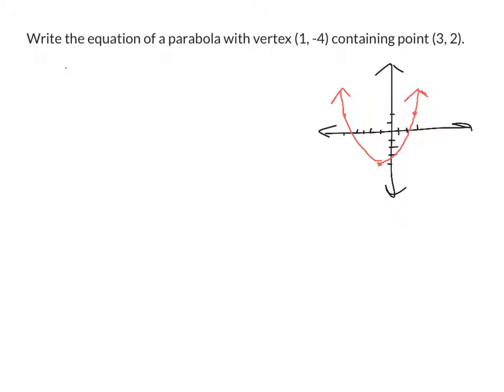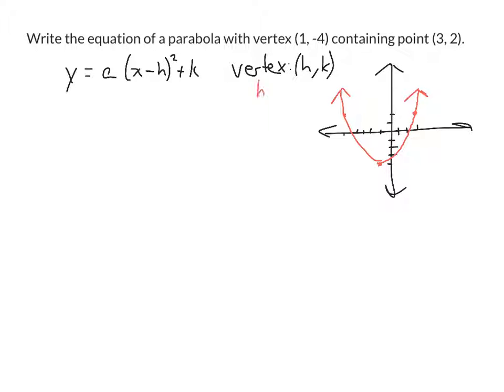The best equation to use here is our vertex form, where (h, k) is the vertex. And so since we know what the vertex is, let's go ahead and just plug it in.